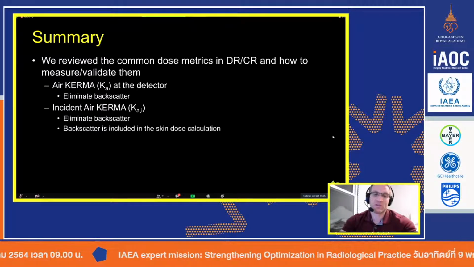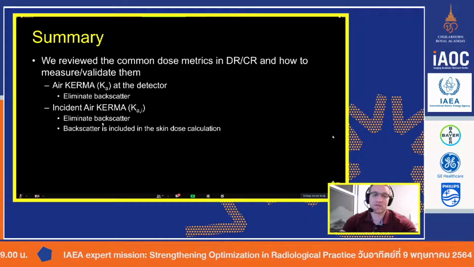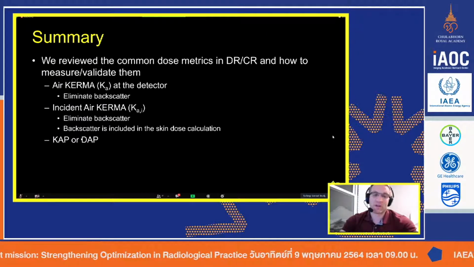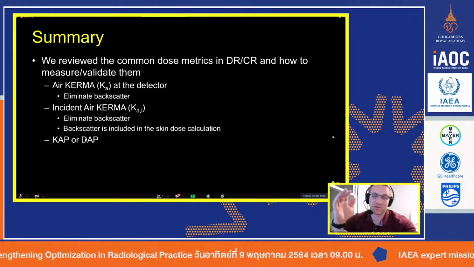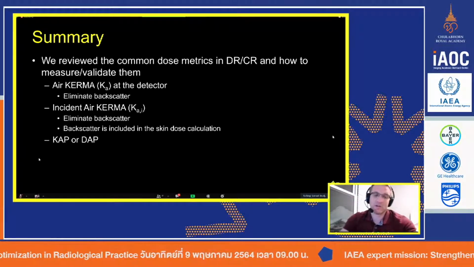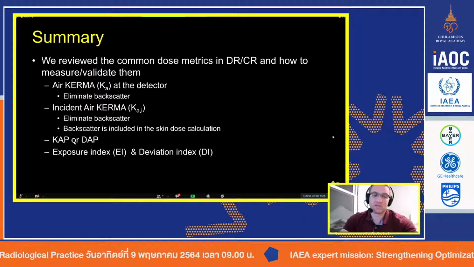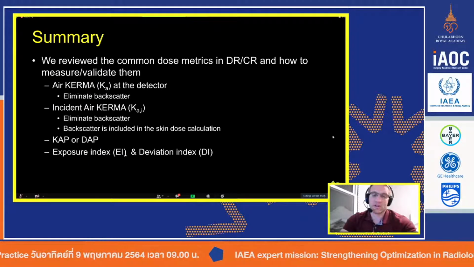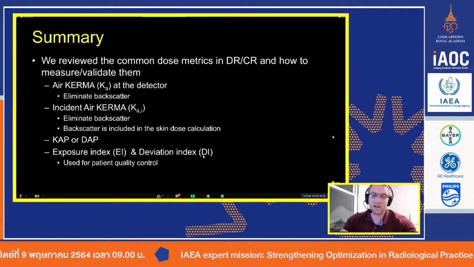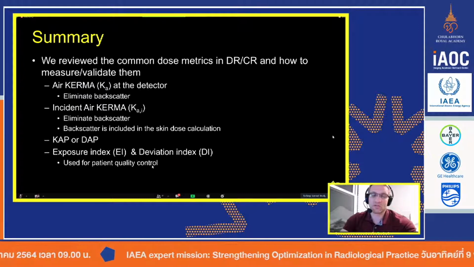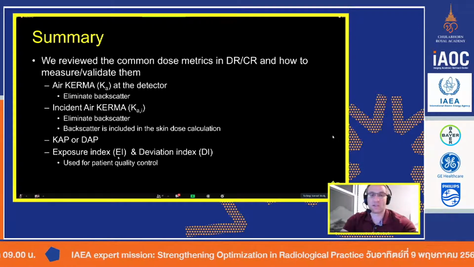And so if you want to do skin dose, you have to include backscatter. We talked about CAP or DAP, which is the same from the source to the point where the patient would be. And then we, of course, talked about EI and DI and how these can be used for patient quality control, which we will go into greater detail in the next talk.